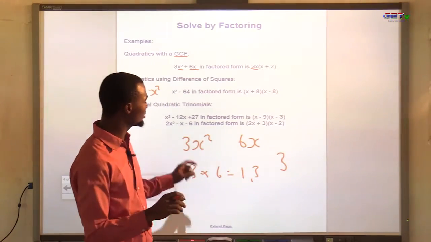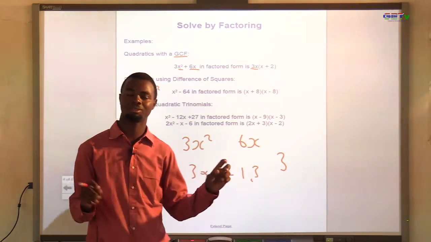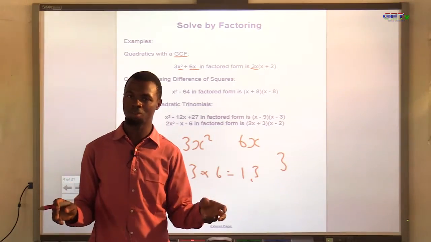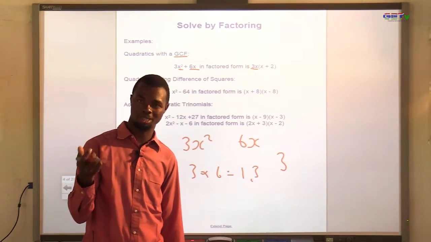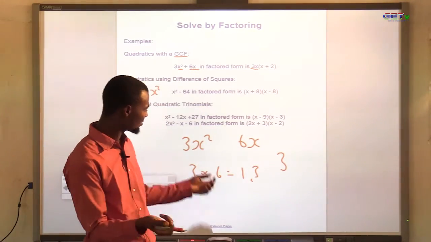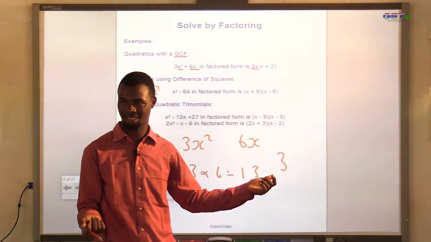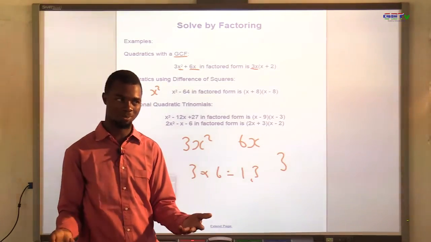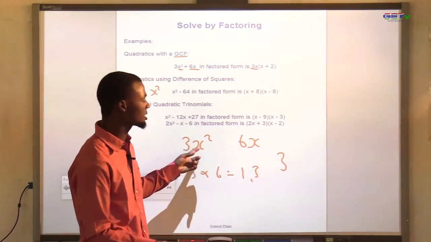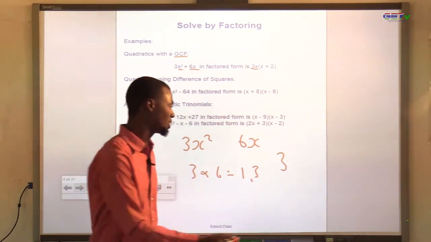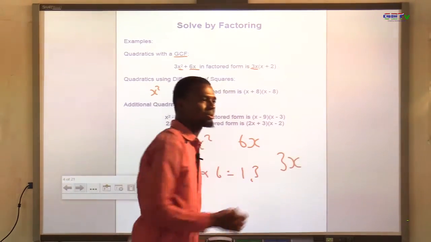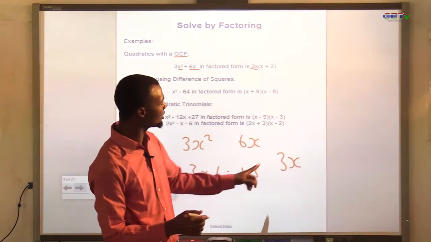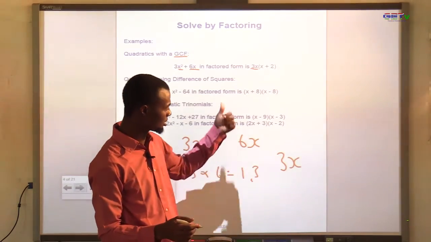Now we look at the variable. We have the variable, they are the same. We take the variable with the smallest power. We have x squared and x. Which one has the smallest power? So you know x has the smallest power. So we take 3x. So now how to get the remaining form?